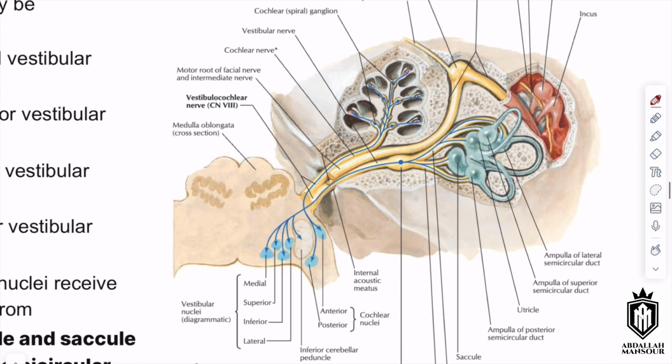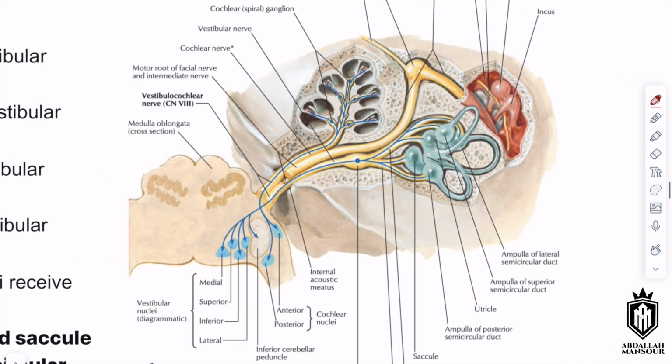So as you look here, this is the semicircular canal. So you have the utricle, okay? And then you have the saccule right there. So this is utricle and saccule. And of course, the semicircular canal will be sort of here.